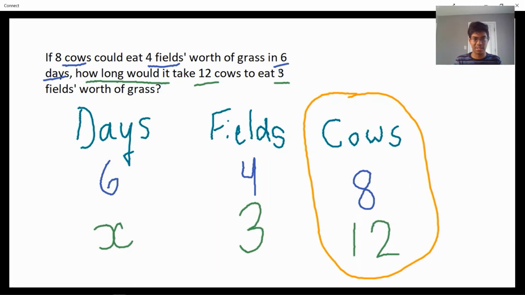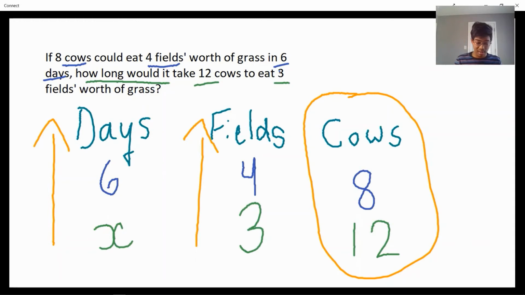After grazing for a certain number of days, they're going to eat a certain number of fields. Now, let's say we increase the number of days that we allow them to graze for. Well, they're going to eat more fields, right? Now, here's where the concept of a direct proportion comes in. As the number of days goes up, the number of fields goes up. That's what a direct proportion is.